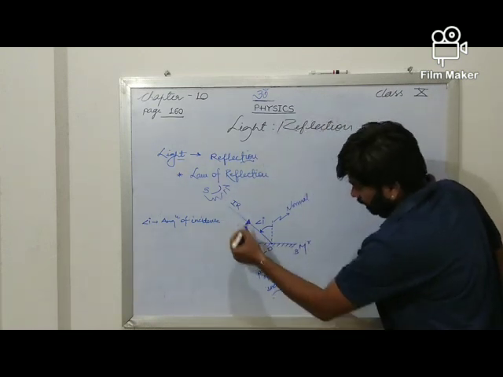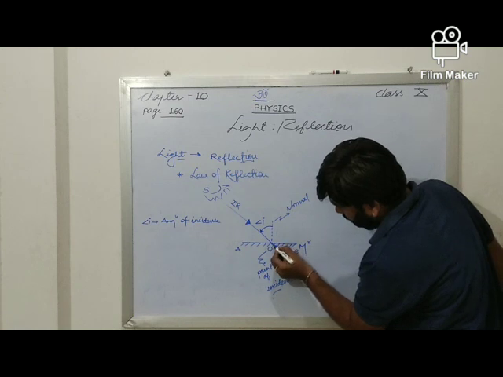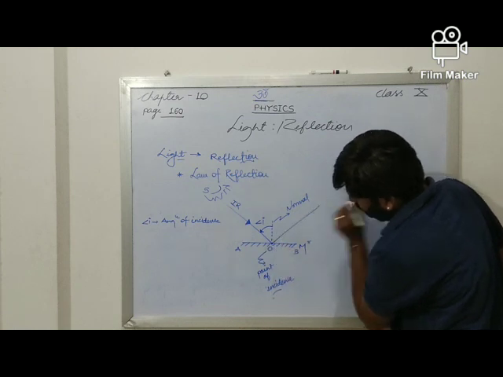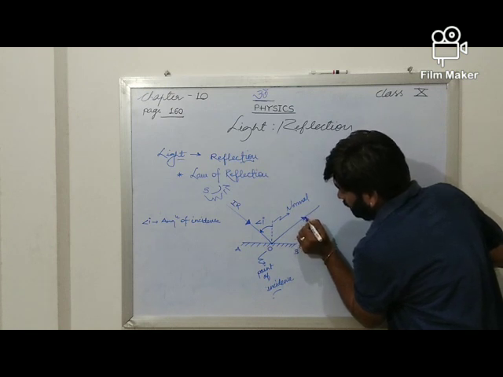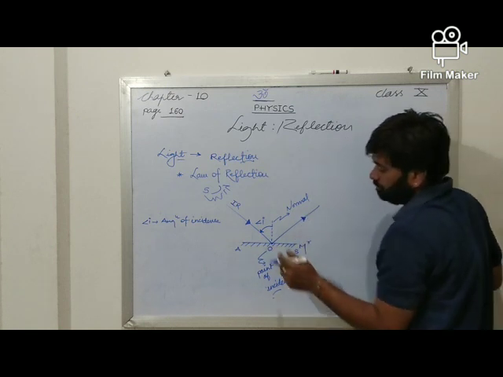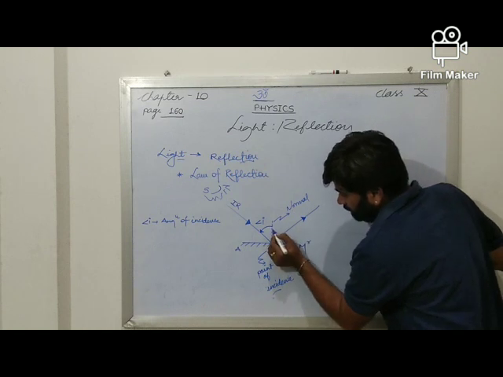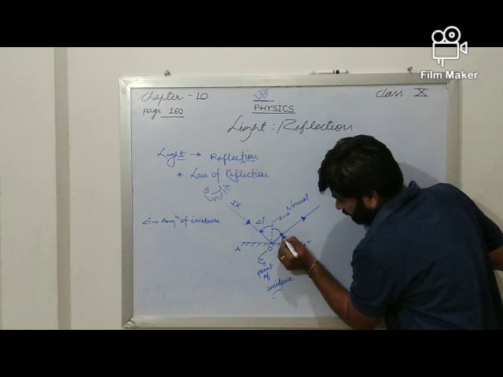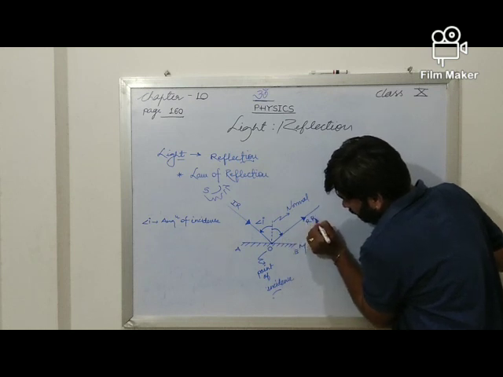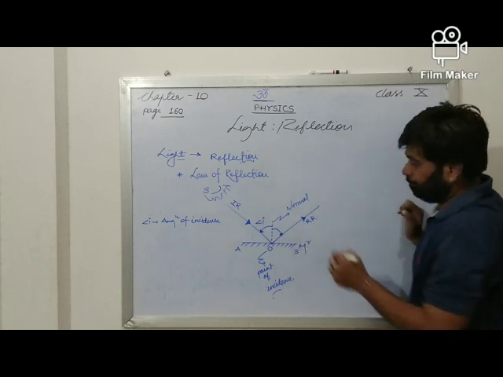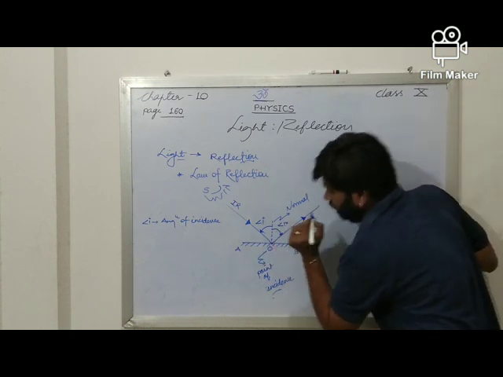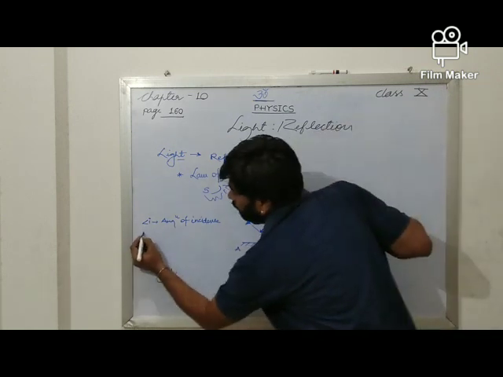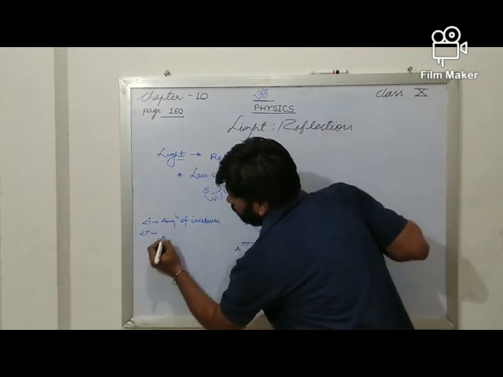When it is reflected from the point O, it will move in such a direction, the arrow moving away from the mirror. Again we see another angle: the angle formed by the reflected ray with the normal is known as angle R. This angle R is known as what?